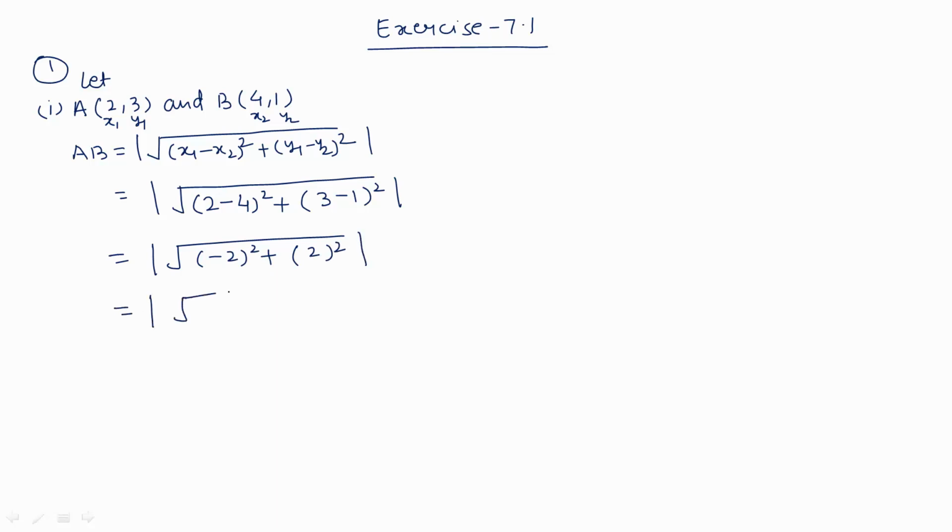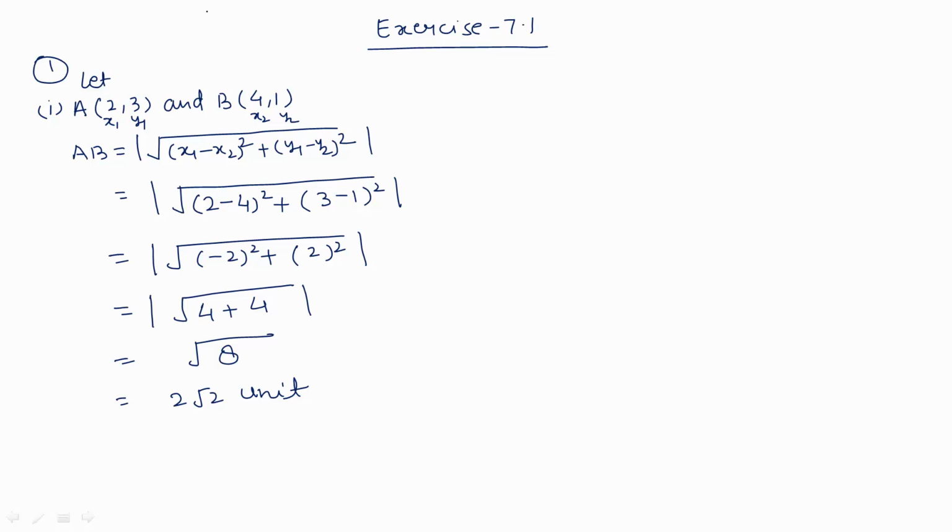Mod under root, the square of minus 2 is 4 and the square of 2 is also 4. This will be equal to under root 8, and this is also a positive number, so we will remove the modular sign here. Under root 8 can be written as 2 under root 2 unit. So the distance between A and B is 2 under root 2 unit.